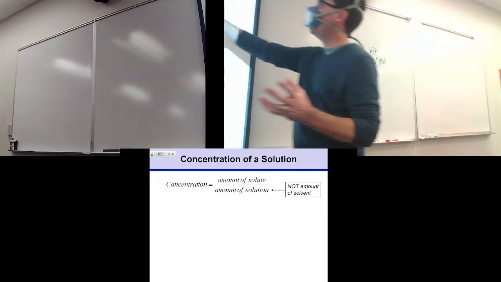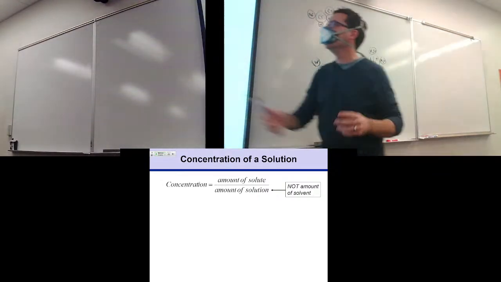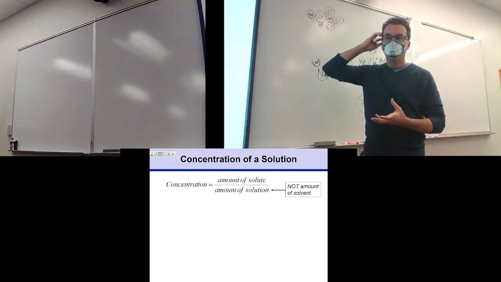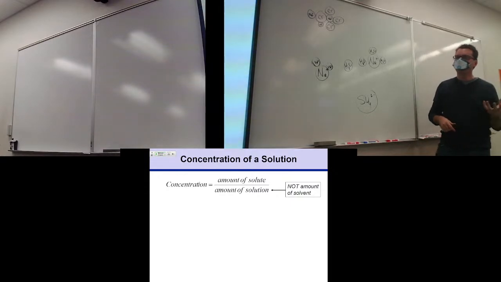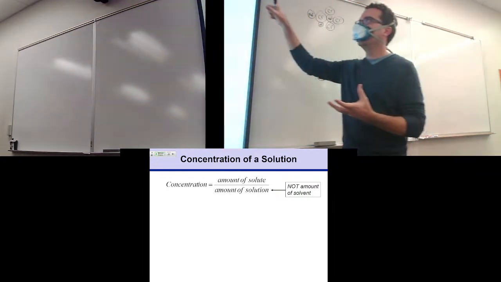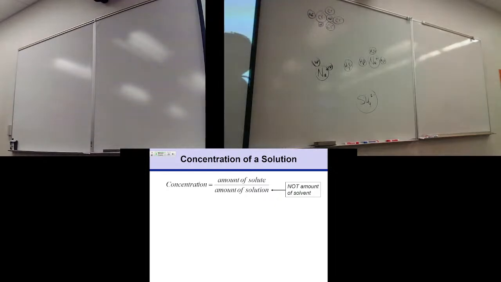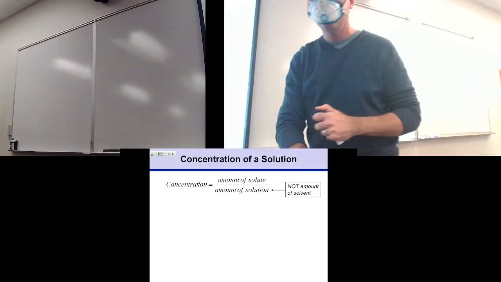So the denominator is not the solvent amount, it's the entire thing, the solution as a whole. There are versions of concentration where it's solvent in the denominator. If you've taken any biochem, you might have heard of something called molality. That has moles of solute over kilograms of solvent. We're not going to use that, but there's plenty of other ways to define concentration. This is the one we're going to use.